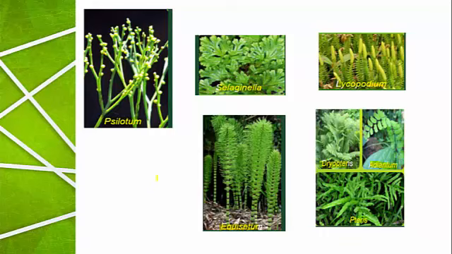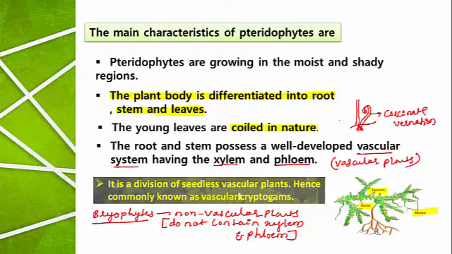What are the main points that you need to remember? Yes, it is a division of seedless vascular plants, hence commonly known as vascular cryptogams. Remember, whether it is algae, bryophyte, fungi or pteridophyte, all these plants are not producing seeds.